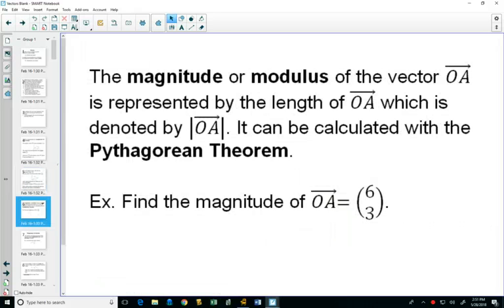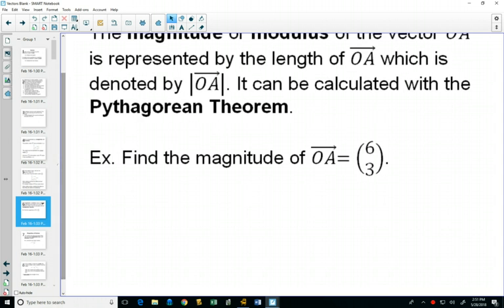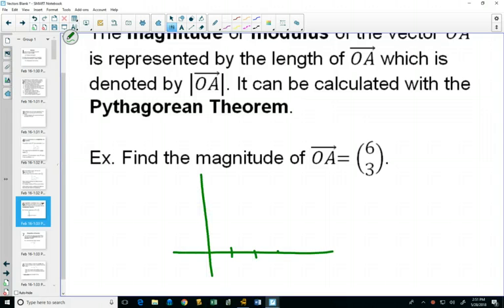And we just did this. Now we can find the magnitude of a vector, another word for it is modulus, by just finding its length. If you had the position vector (6, 3), and we're imagining where that is, 1, 2, 3, 4, 5, 6, 1, 2, 3, if you wanted to find the length of that, you know that this length is 6, this length is 3, and so the length will just be a squared plus b squared equals c squared.